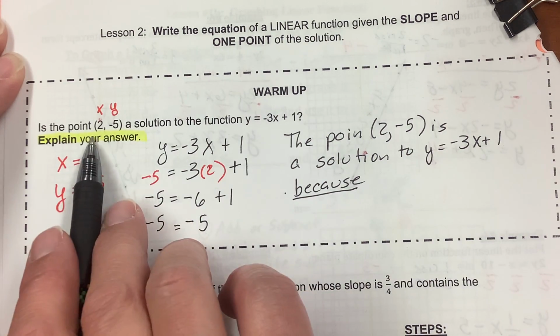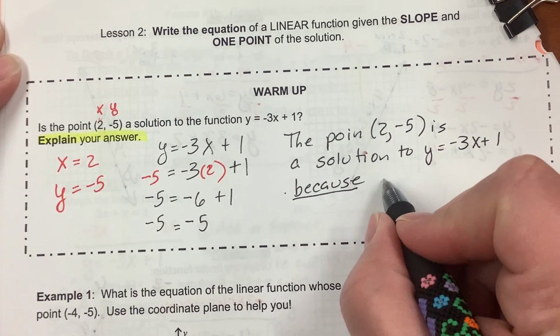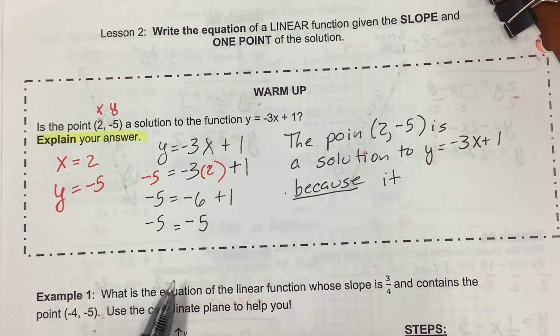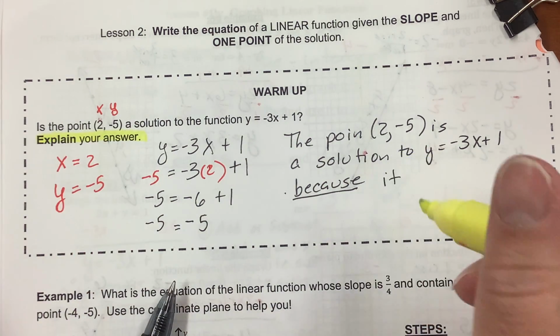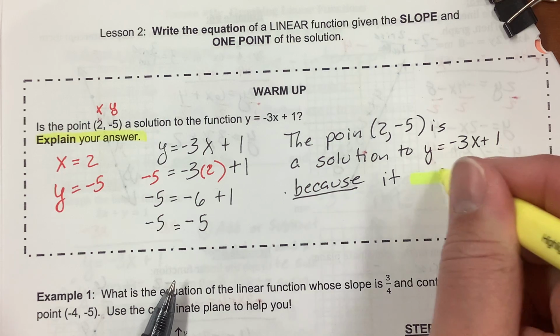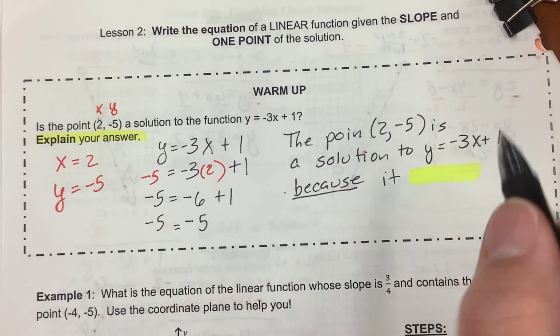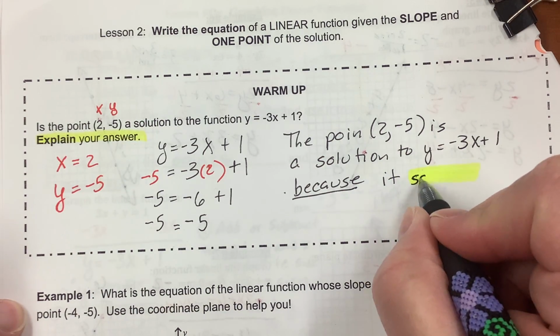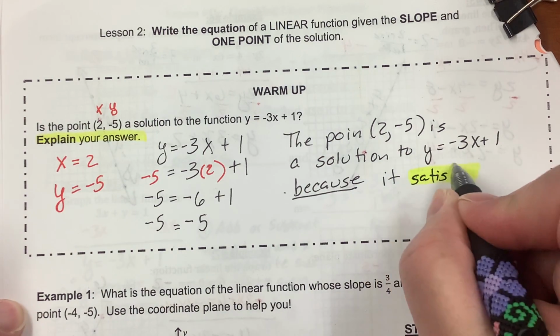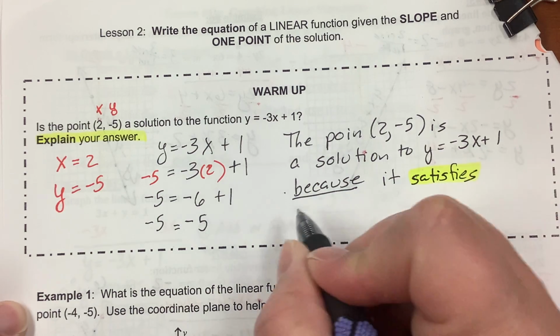The because is for the explain. Because it, and I'm going to highlight this word too. And you know I like to highlight first because it messes up my pen if I don't. So because it satisfies the equation.